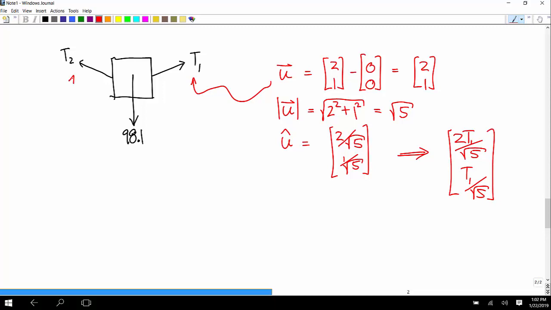And this one's similar. The same way, you get that this force vector is going to be negative 2 T2 over root 5 and positive T2 over root 5.